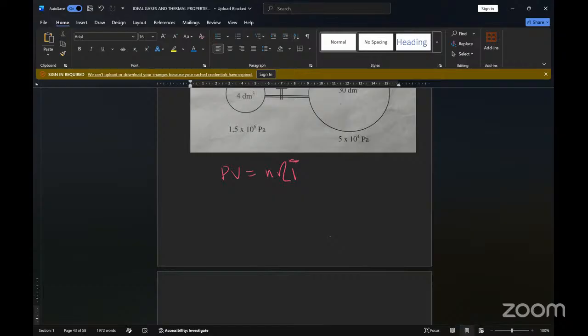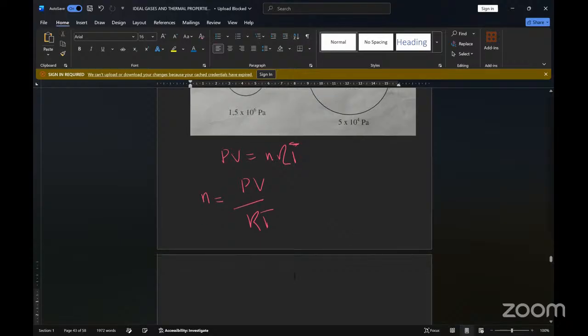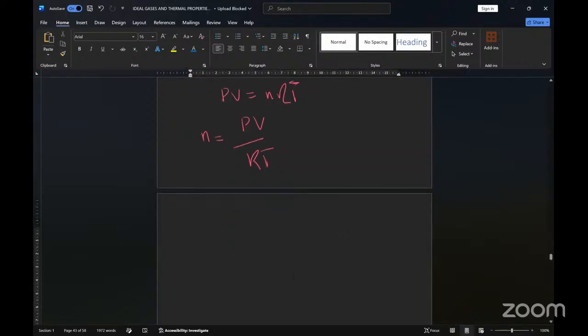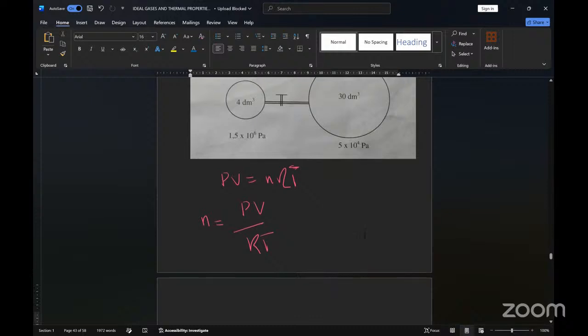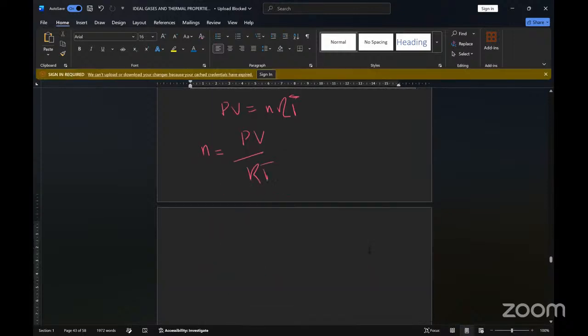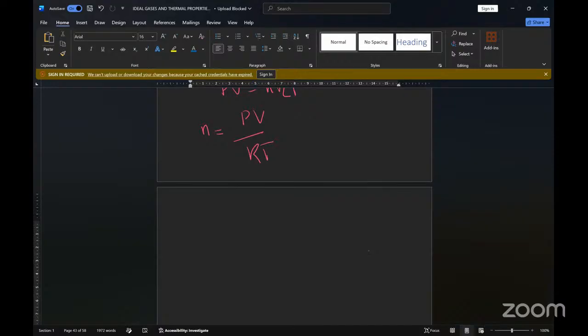So we make it the subject and say n is equal to PV over what? RT. So for the first container, since it's labeled A, we can say the number of moles, n subscript A, should be equal to what?